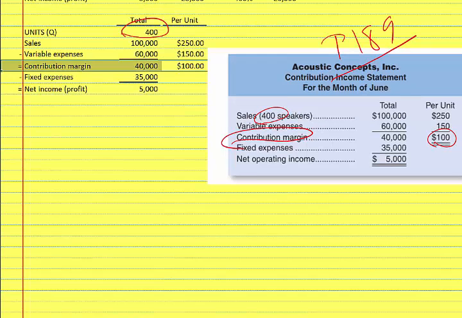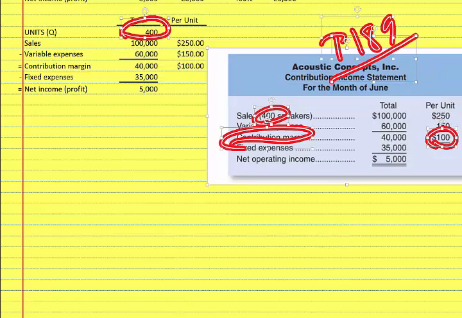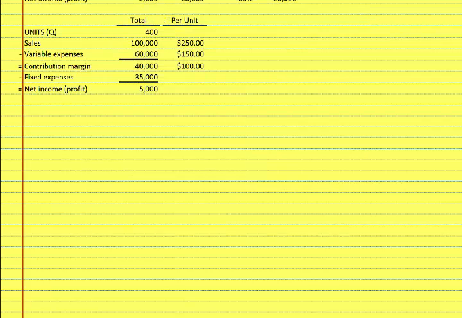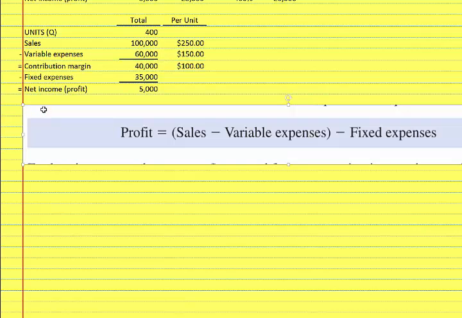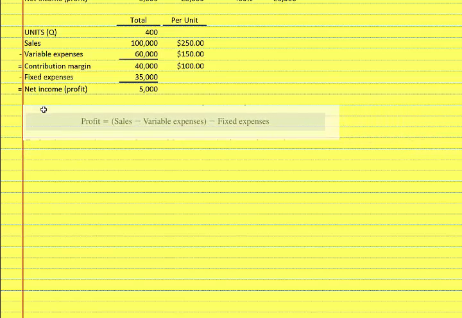Now let's take a look at some additional concepts. Get this page 189 information out of the way. On page 191, your authors take a look at the equation approach to analyzing cost, volume, profit. And they say sales minus variable expenses minus fixed expenses equals profit.